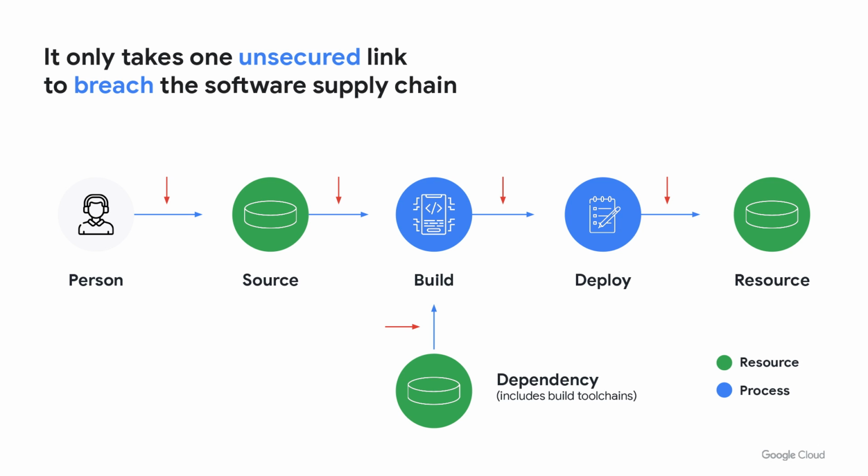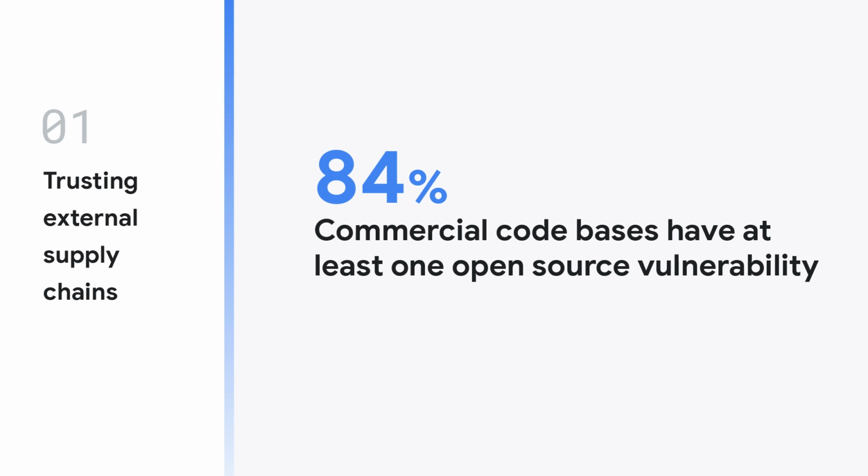So, understanding your dependencies and if any vulnerabilities exist in those dependencies can be extremely difficult. It's not surprising that 2020 saw a 430% surge in open source supply chain attacks, and an estimated 84% of all commercial code bases have at least one open source vulnerability present in them.